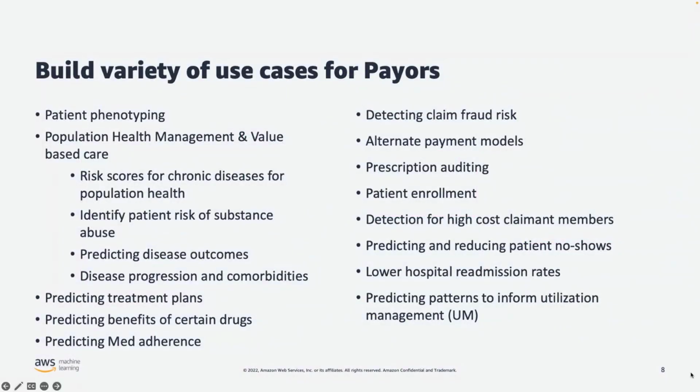With that, let's look at some of the use cases that HealthLake enables for specific industry segments, starting with payers. Imagine you have all of this data for all the Americans living with diabetes. With HealthLake, you can bring together these hundreds of millions of data points to paint a picture of the entire diabetic patient population. As an example, with powerful query and search capabilities, you can identify a subset of patients with chronic diseases, such as uncontrolled diabetes and high blood sugar levels, to address complications early and adjust treatments.